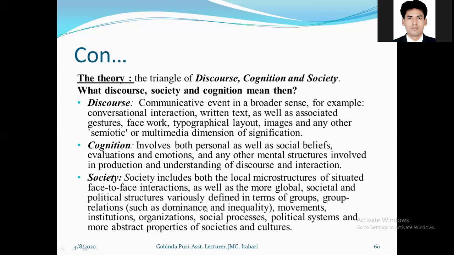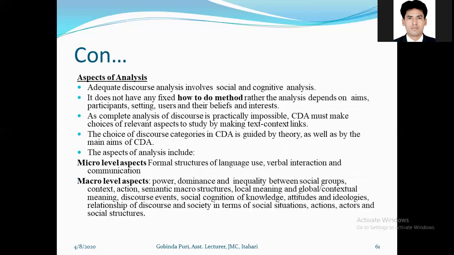So these three components need to be considered while analyzing discourse through this multidisciplinary approach. And then aspects of analysis. I'm not going to repeat because we are running out of time.